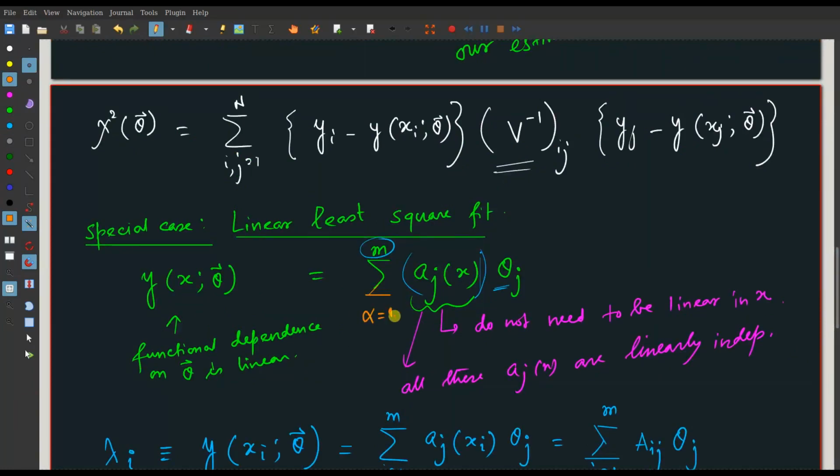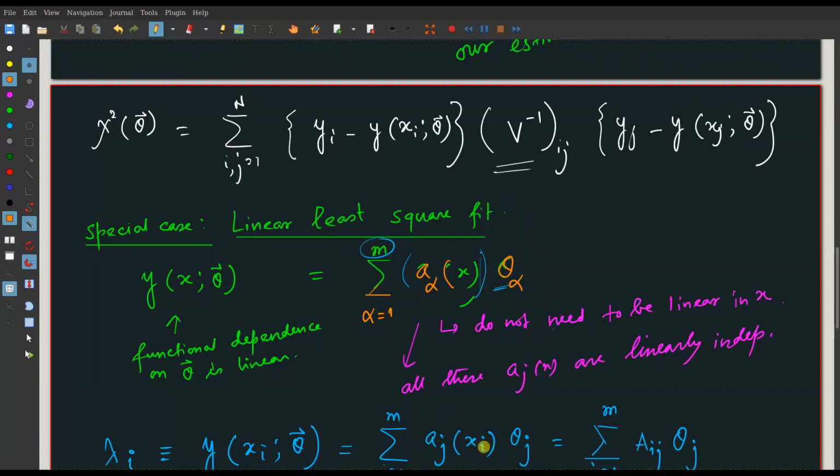Let's say alpha equals 1 to m, a_alpha(x) theta_alpha. This reminds me that the alpha index tells you the number of theta parameters that you have in your theory, and the Roman index i gives you the number of measurements that you have done on y.